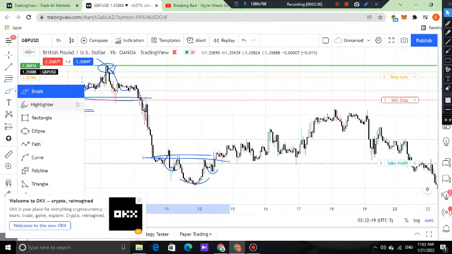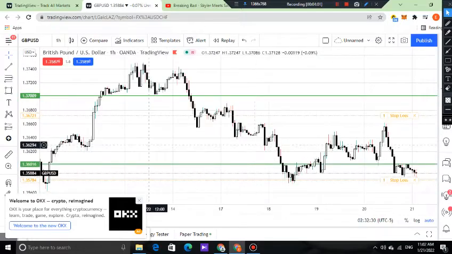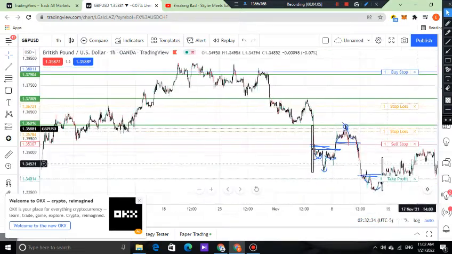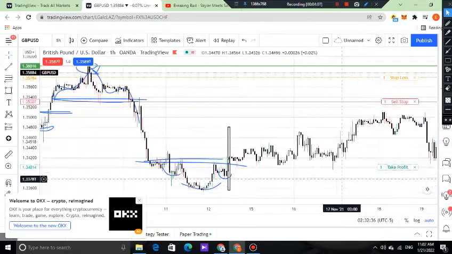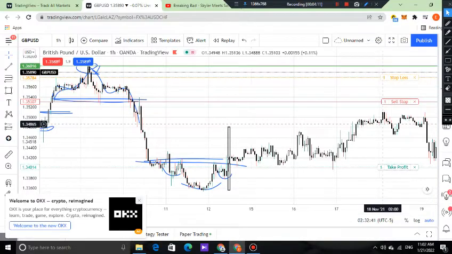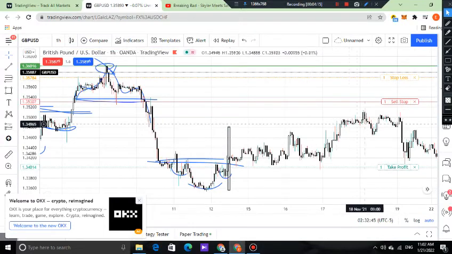And if we measure this target, yeah, oh my god, I missed it. Yes, right here. It took a while to evolve into a trading range, but it eventually hit the target.